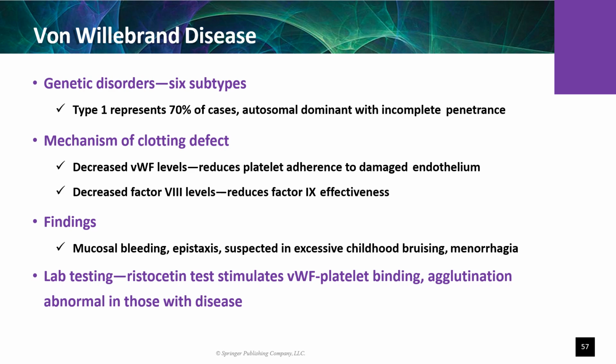VWF has two major roles: facilitating platelet aggregation at sites of vascular injury and helping to bind factor VIII to the platelet plug, which is a vital step in the production of thrombin, fibrin, and eventual clot formation.